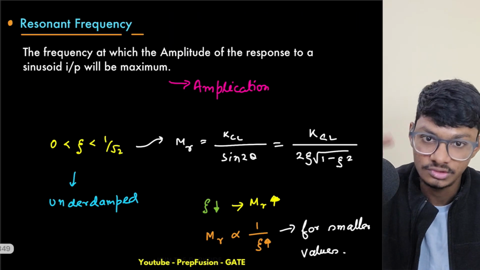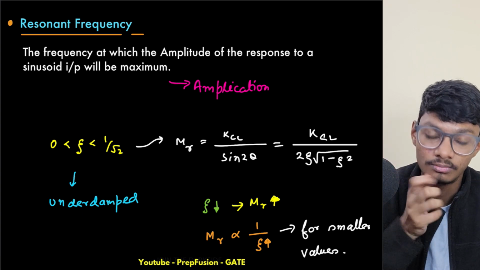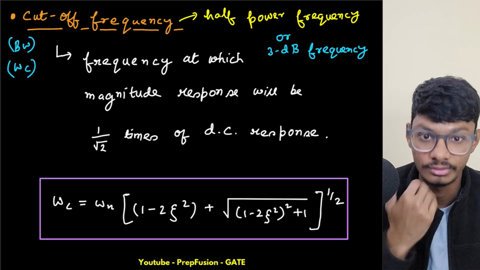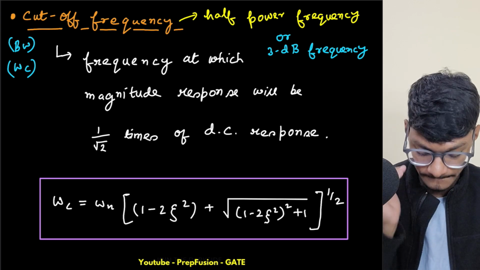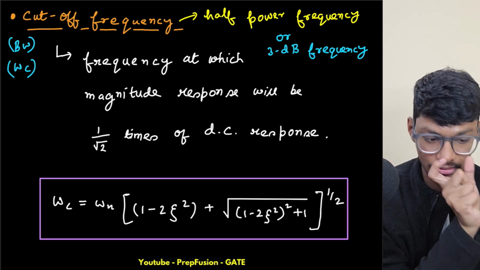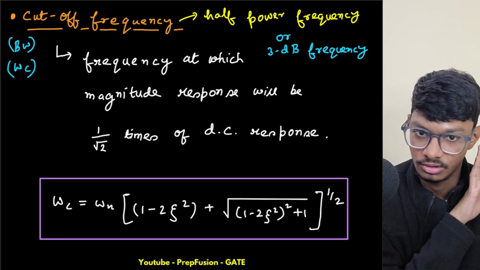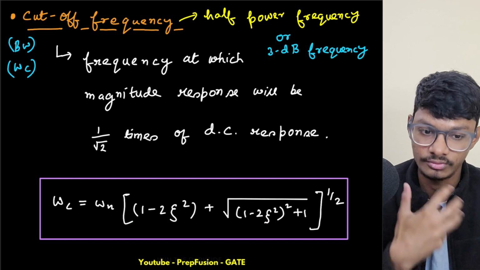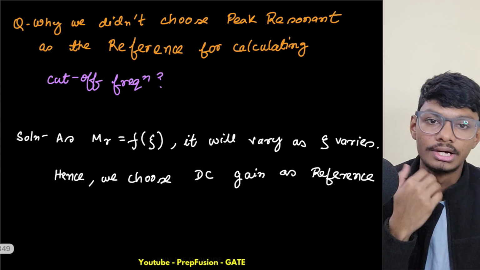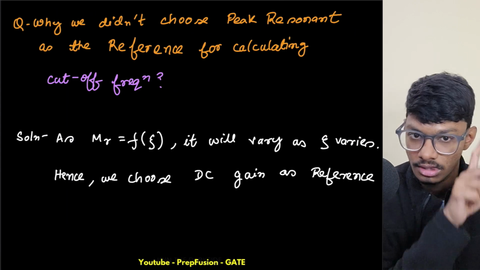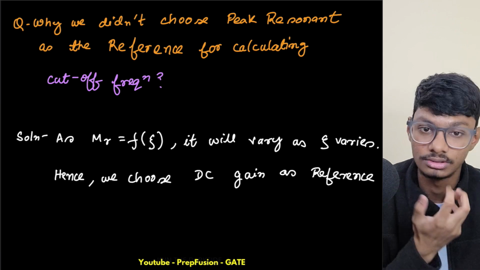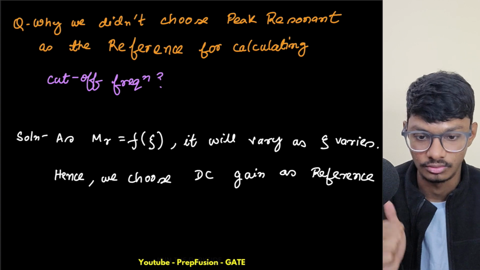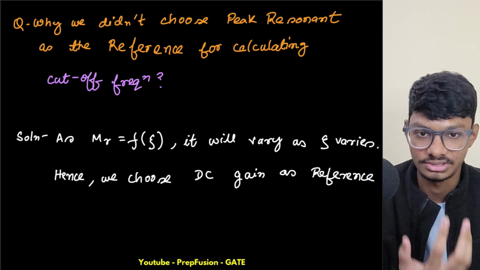But if my peak resonance also varies with zeta, then it will be very difficult for us to find the cutoff frequency. If my reference K_DC is constant, not a function of zeta, then it is much easier for us to calculate this cutoff frequency. That's why we choose it like this. But yes, it depends on the designer. He can also choose the peak. But the convention is to choose the DC gain. So this was one thing I wanted to mention clearly.